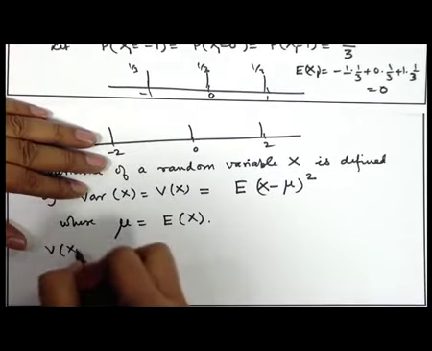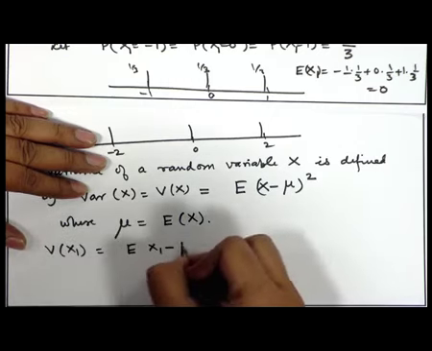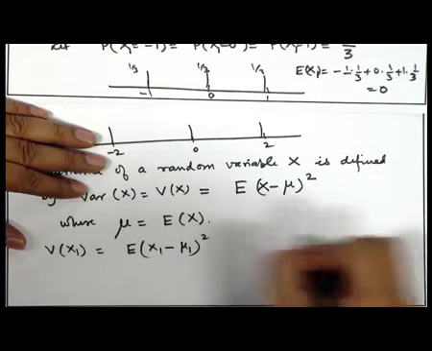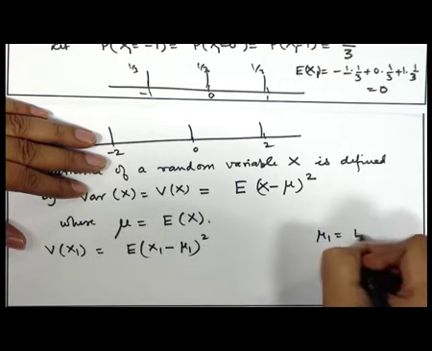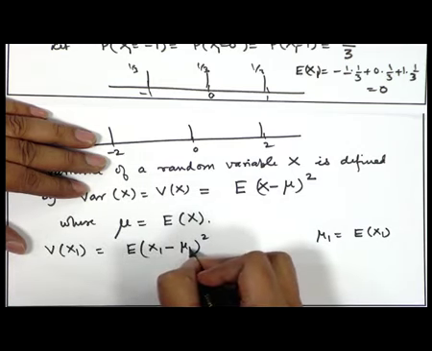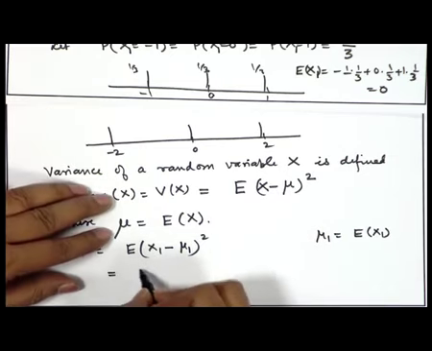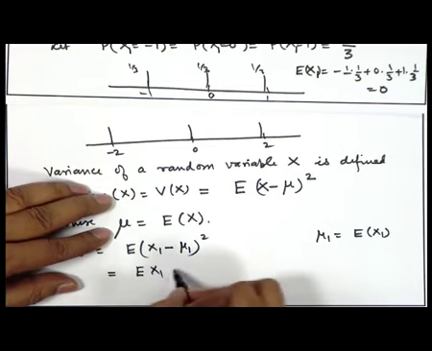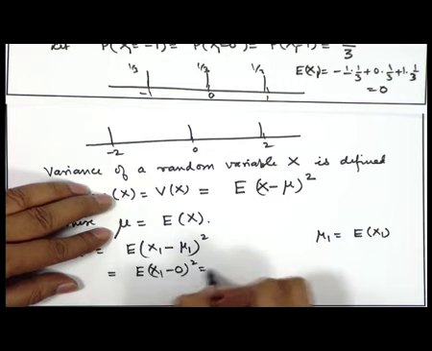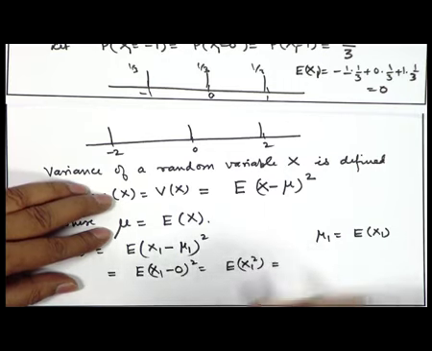Variance of x1, that is expectation of x1 minus mu1 square, where mu1 is the expectation of x1. Obviously, here mu1 is 0. So, this value is equal to expectation of x1 minus 0 square, that is expectation of x1 square.